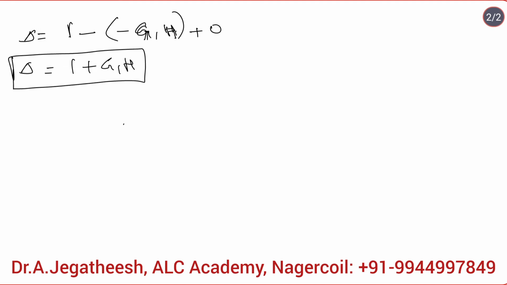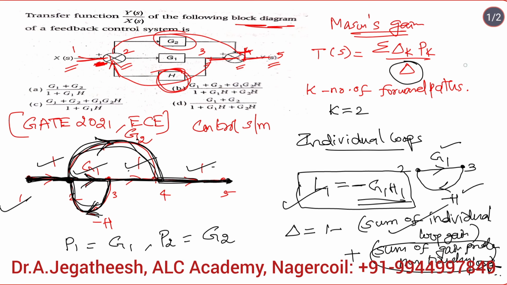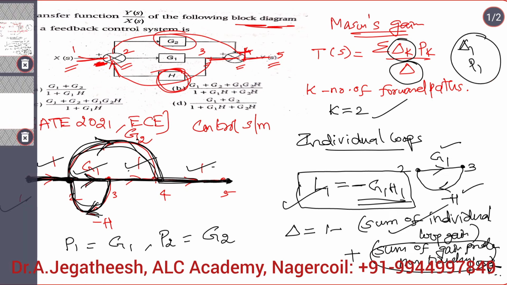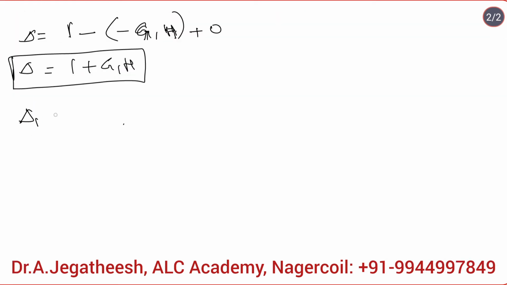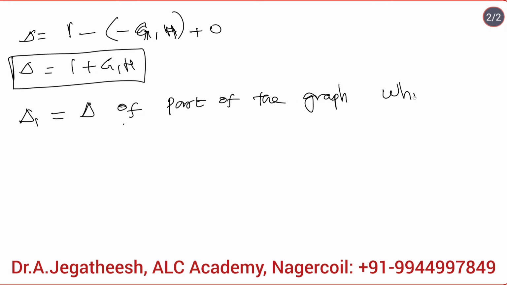Okay. Now you need delta k. Delta k means you need delta 1 for P1 and delta 2 for P2, because the value of k equals 2. Delta 1 is equal to delta of the part of the graph which does not touch the first forward path.